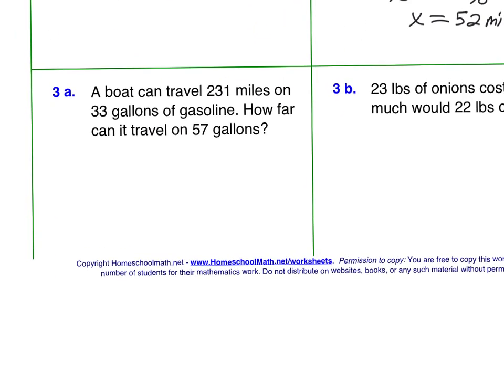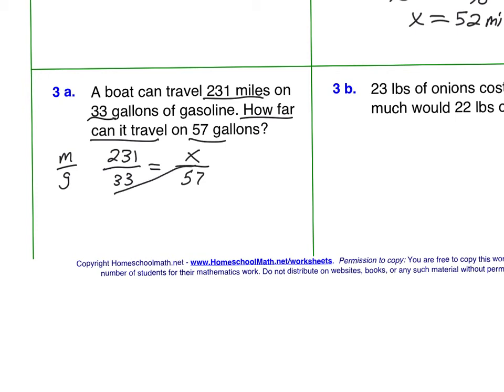A boat can travel 231 miles on 33 gallons. How far can it travel on 57 gallons? So again, it's miles over gallons. So I have 231 miles over 33 gallons is equal to x over 57. Okay, the missing part is the number of miles.